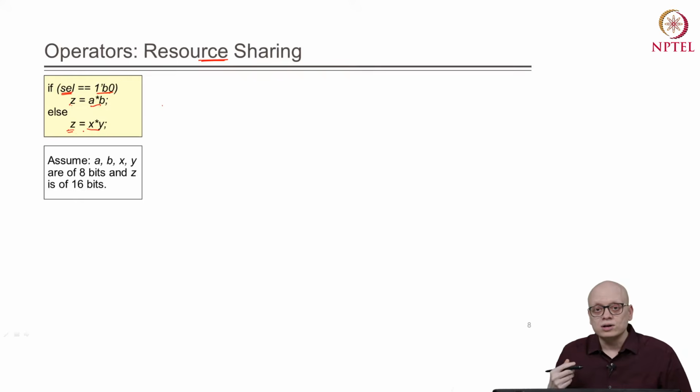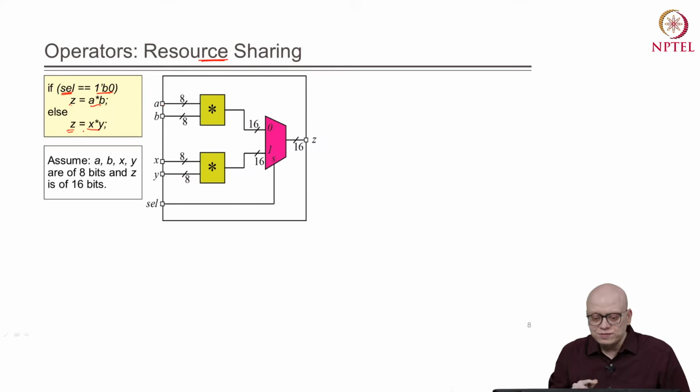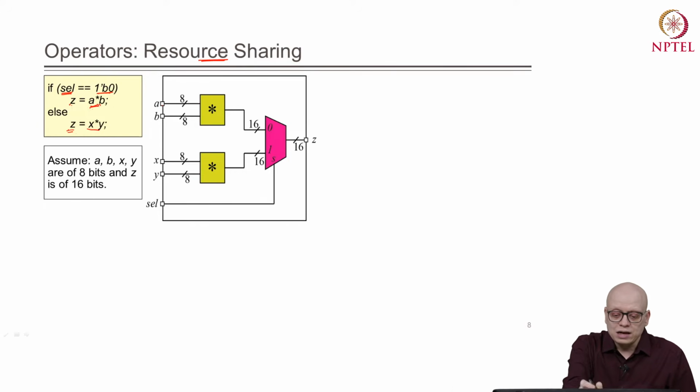Now, if we directly translate this code snippet to logic gates or circuit elements, it will look something like this. Corresponding to a star b, we will have a multiplier with inputs a and b. There will be another multiplier with inputs x and y.